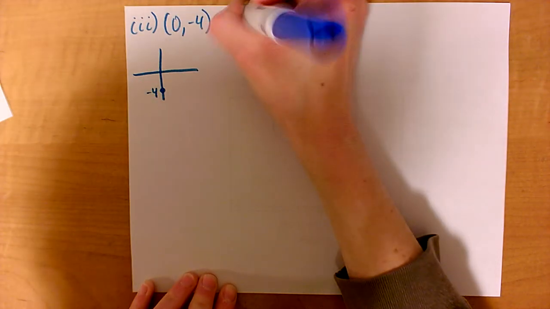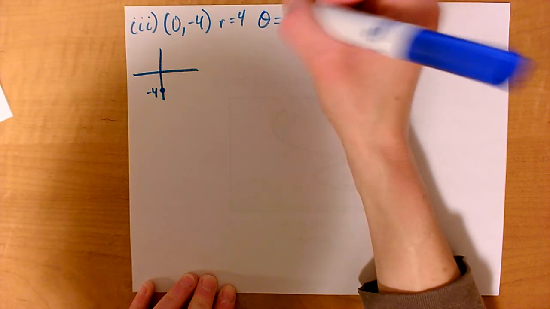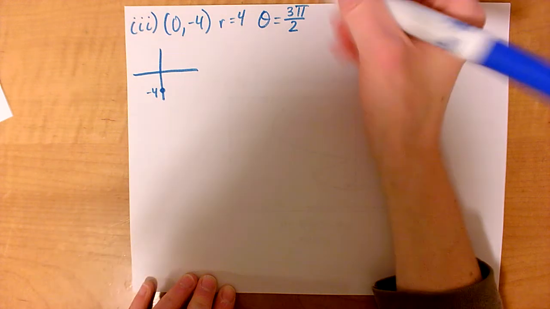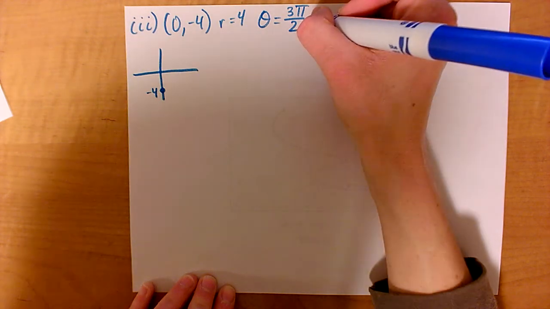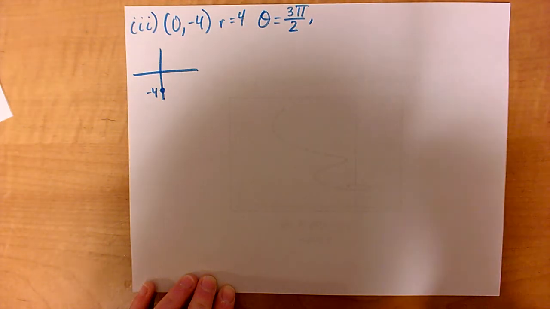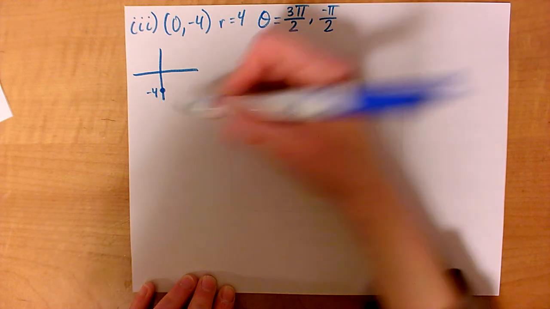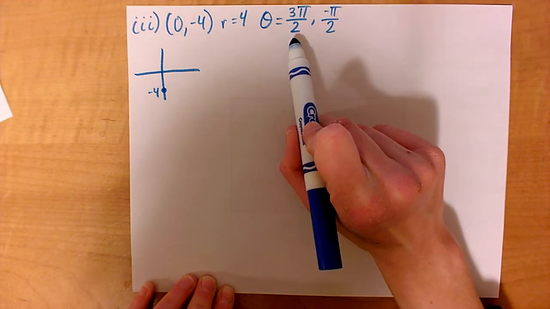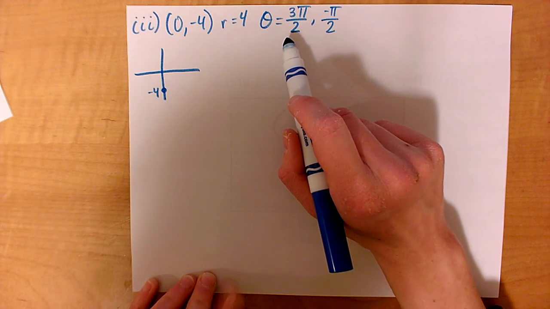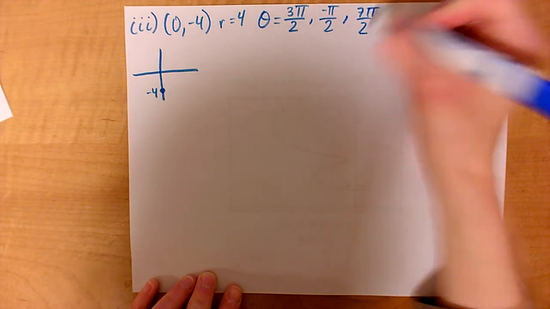So you would have a radius of 4, and then that theta could be 3 pi over 2, or you could have negative pi over 2 if you go in the other direction, or if you want to use your 3 pi over 2 and go around the circle again, 3 pi over 2 plus 4 pi over 2 would be 7 pi over 2.